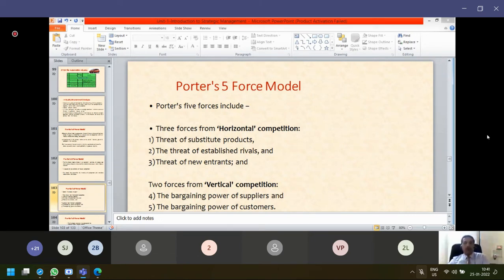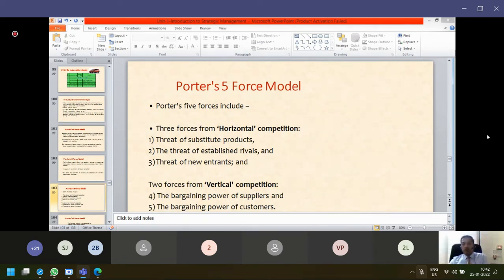Why does he say horizontal? Because this is competition from similar companies, or those entities which are on the same level. That is why we are using the word horizontal. And then there are 2 forces from the vertical competition.